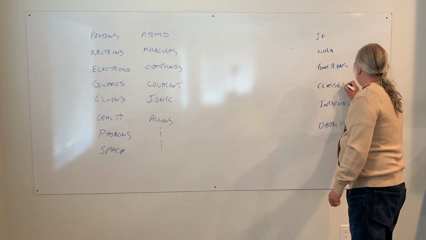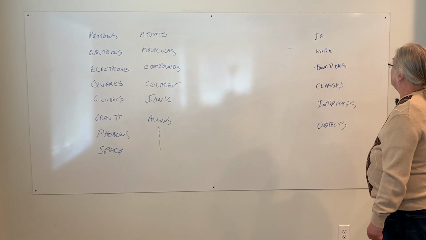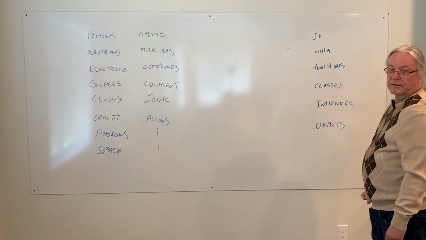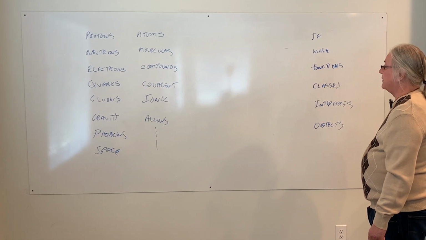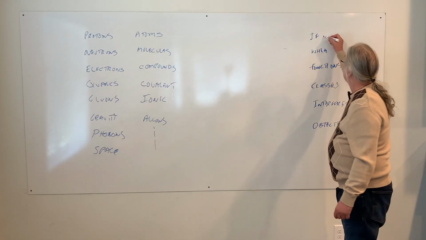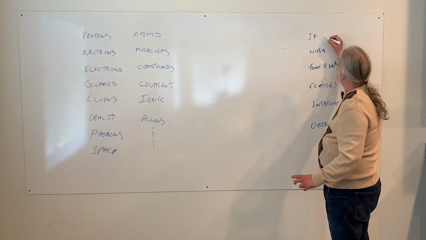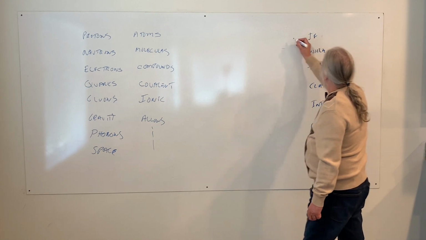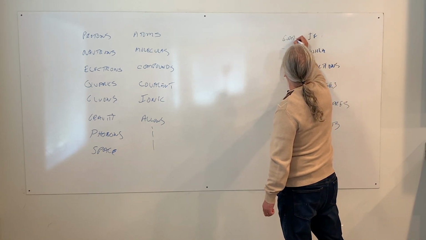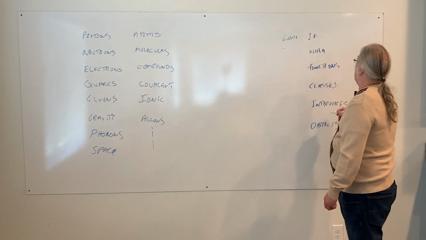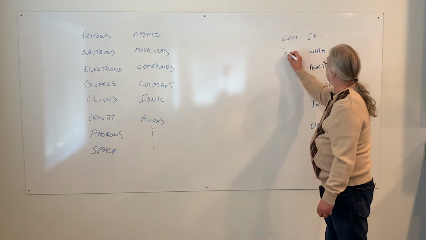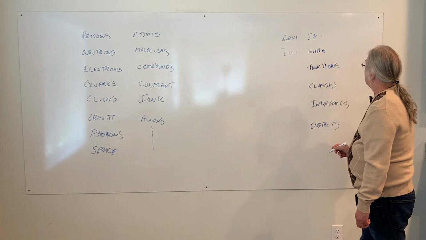Well, looking at this, it doesn't look too easy to map. What am I going to say? A quark is an if statement? All right, let's go with that. We'll use quarks to represent if statements, and we'll use gluons for while loops.